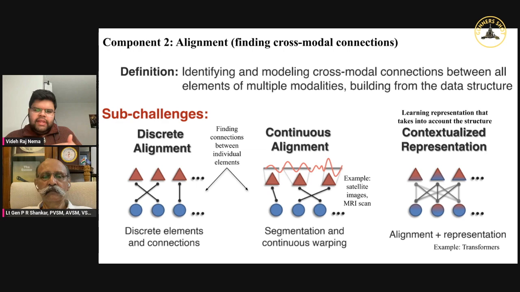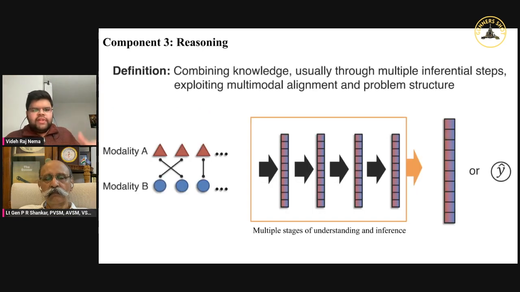The main thing is contextualized representation, which is basically the combination of these two steps. So you're learning the local representations plus you're learning the connections. So this caters to both the interactions and the connections part. Now, these two components act as pre-processing. After this pre-processing is done, you have something called reasoning, where you have multiple stages of understanding and inference.